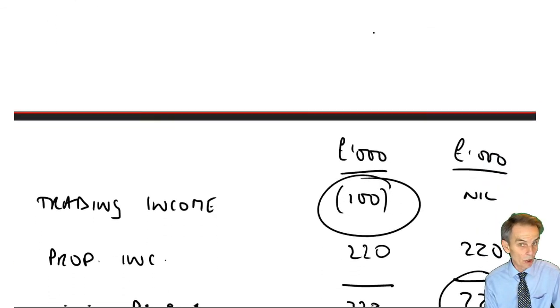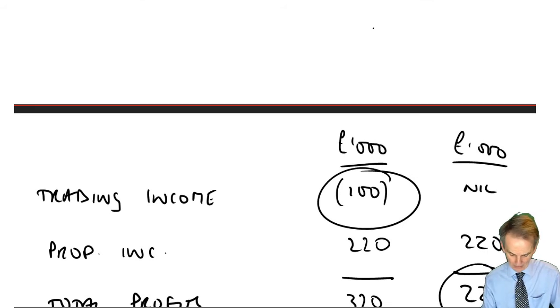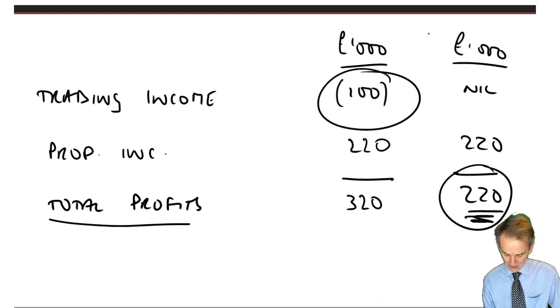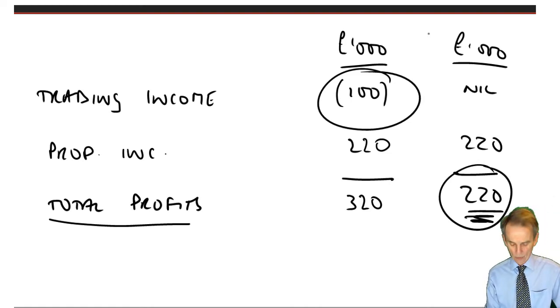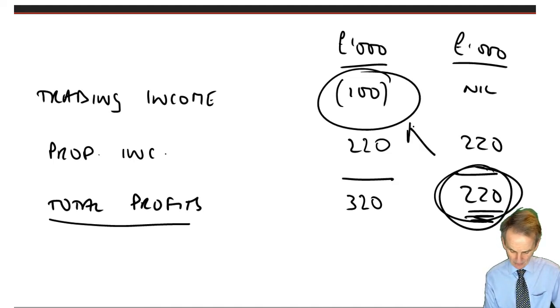Now, whether you choose to make that loss relief claim doesn't matter. So here, what are we going to have as the maximum group relief claim? It's TTP of 220. For purposes of a group relief claim, must firstly be reduced by that £100,000 loss.